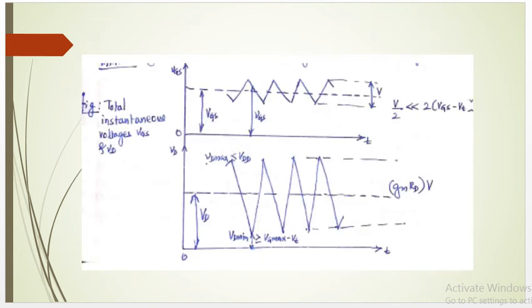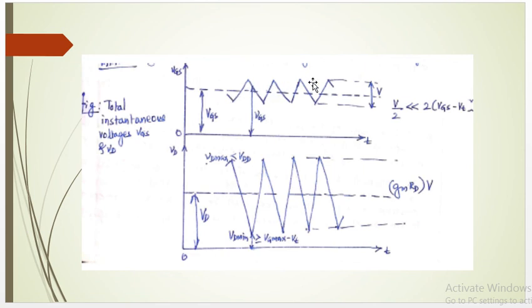If you observe the representation, the figure shows the total instantaneous voltages VGS and VD. This corresponds to the VGS input variation, a triangular waveform. V is the peak to peak value, and this value corresponds to the DC voltage applied at the gate terminal VGS, and this varying signal, lowercase v and capital GS, corresponds to the instantaneous value of this triangular waveform.